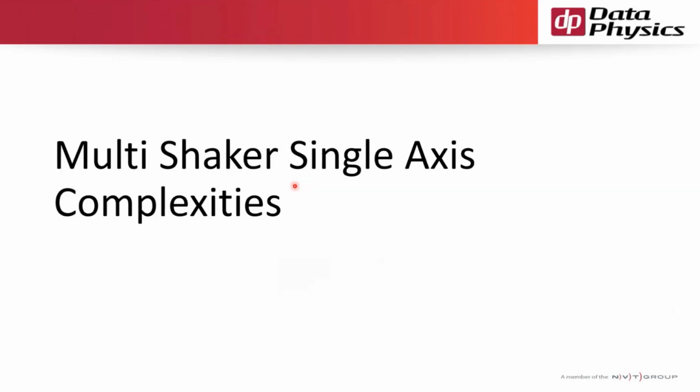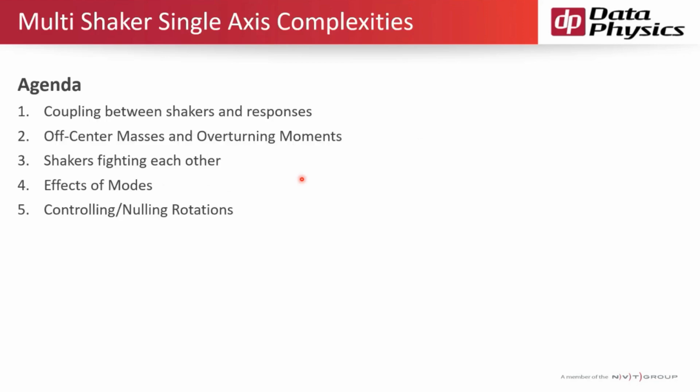And now we're going to go into a little more technical detail and understand why the single shaker controller is not able to adequately control a multi-shaker single axis test configuration. The complexities we're going to delve into are, first, coupling between the two shakers or multiple shakers and responses.